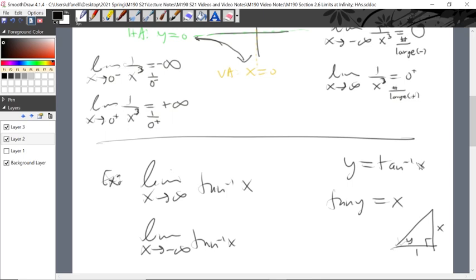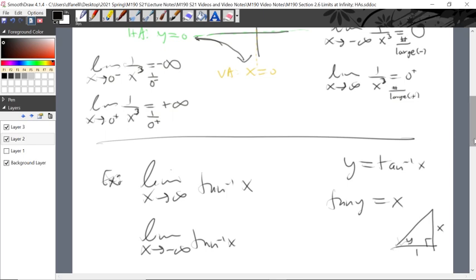So the arctangent of 1 would be 45 degrees or pi over 4 radians. But that's not the only angle where the tangent is equal to 1. There are other angles where the tangent is equal to 1. For instance, 225 degrees, which is equal to 5 pi over 4. The tangent of 5 pi over 4 is also equal to 1. But the arctangent of 1 won't be 5 pi over 4. It'll only be pi over 4.